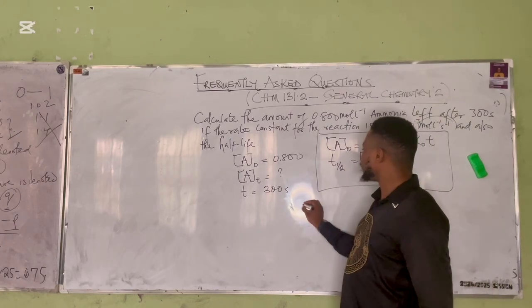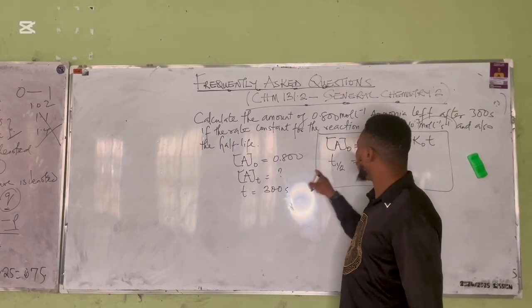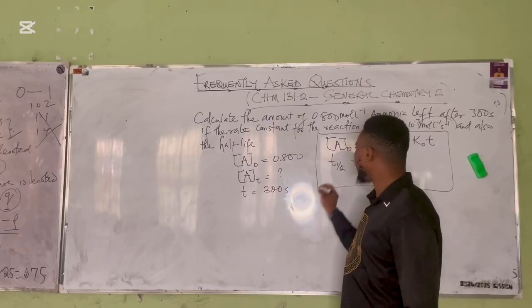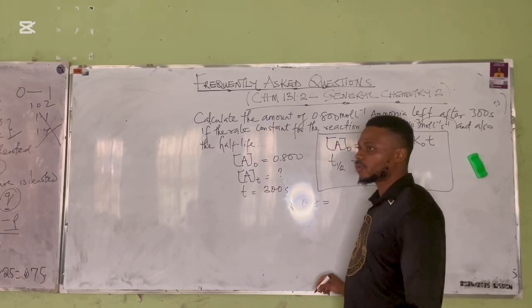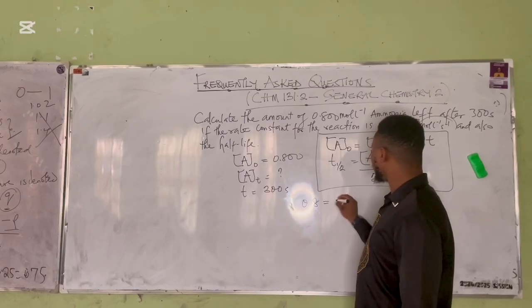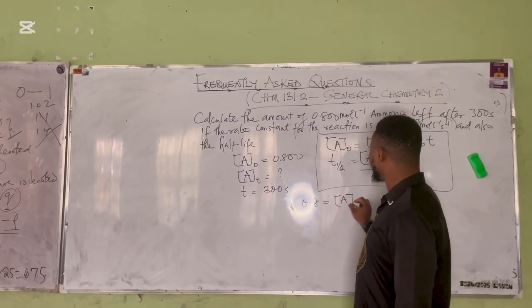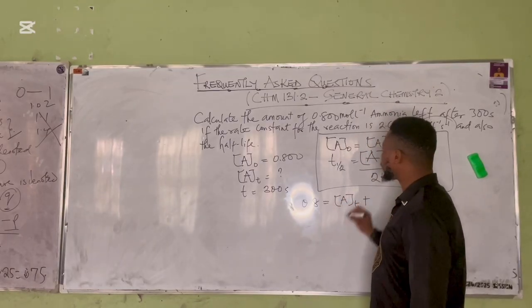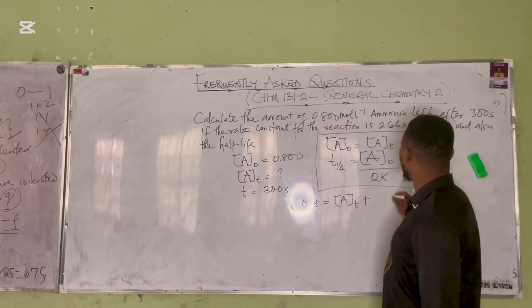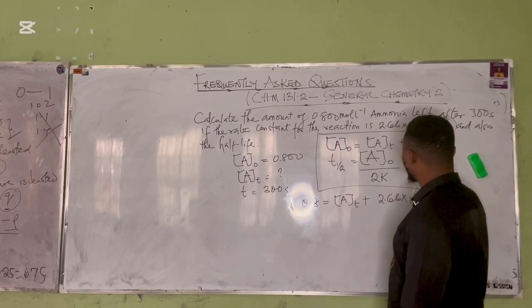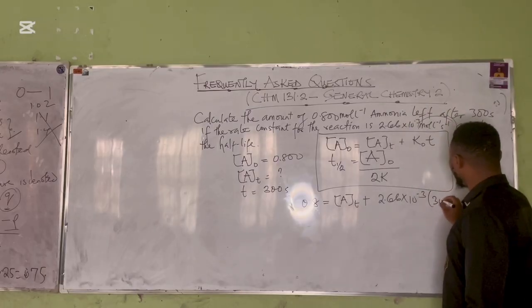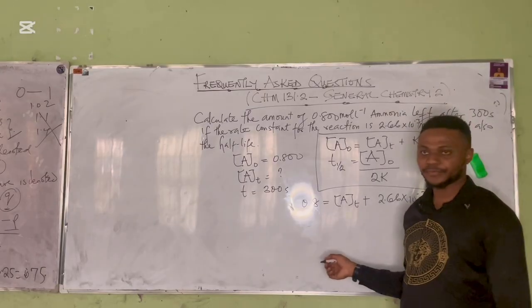Now for this question we are looking for AT. Let's substitute our parameters. So 0.8 is equal to AT, which is unknown, plus K0. K0 here is 2.66 times 10 raised to the power minus 3, times 300, which is your time.